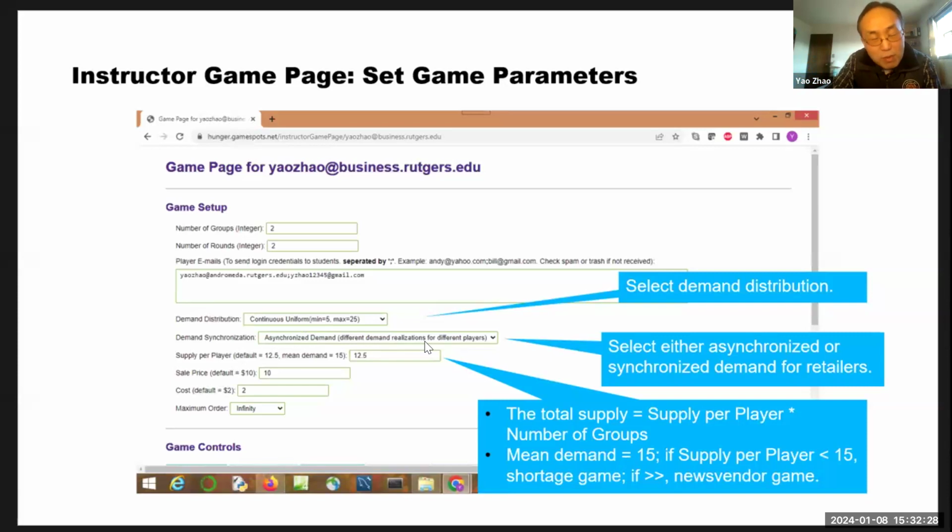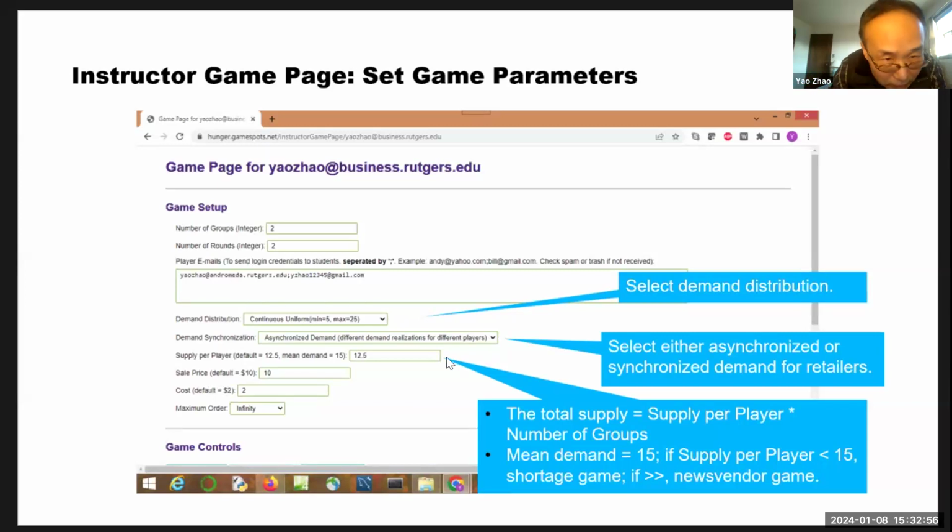Remember, demand in each period is randomly generated. In some cases, such as when you teach newsvendor models, you want everybody to have the same demand realizations because it's easy for them to compare. So you can synchronize the demand or make it unsynchronized, meaning the demand for each team in each period may be different.